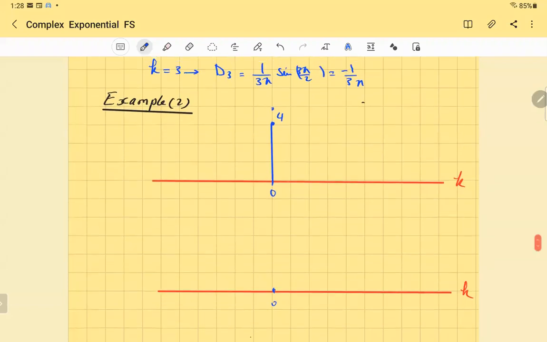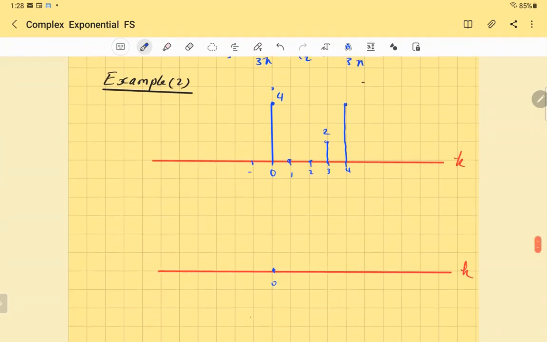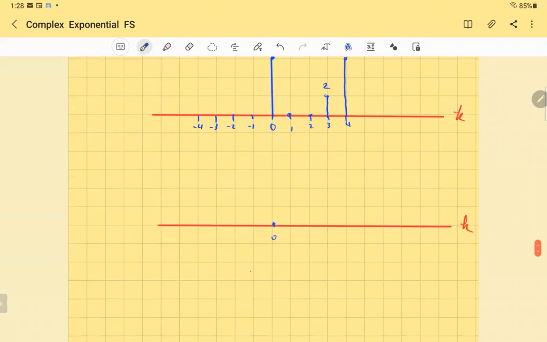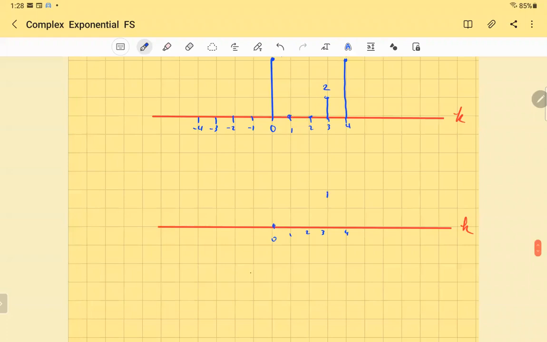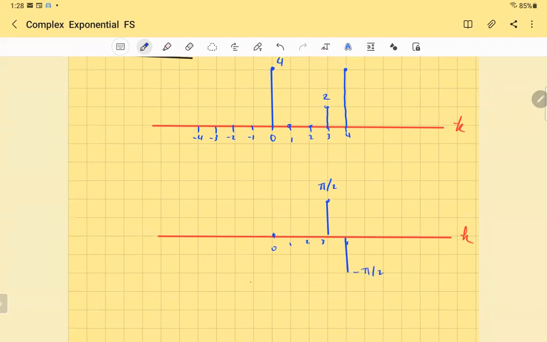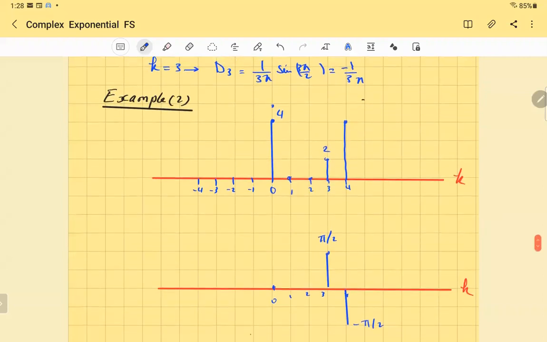And then at 1, 2, 3, 4, it was 0, 0, and 3 was equal to 2, and 4 was equal to 4. For -1, -2, -3, -4, the phase was 0, 0, then at 3 it was pi over 2, and at 4, -pi over 2.